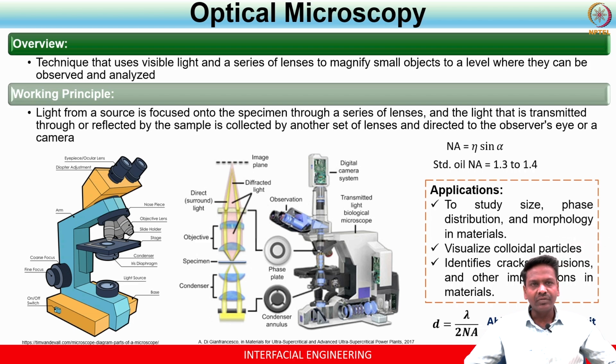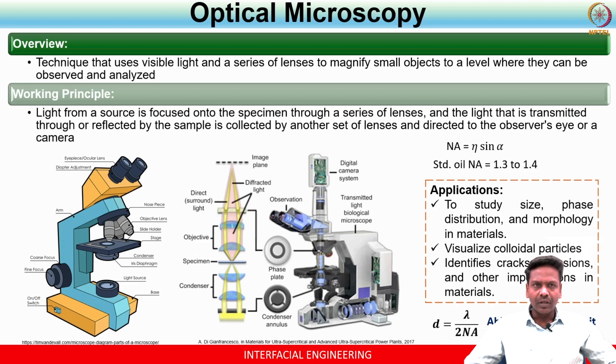Just like how we use a magnifying lens, you have an objective lens in the microscope that has the magnifying power. And whenever you shine a light on the object, whatever is transmitted from the object or specimen is collected by the objective lens, and that is what is seen in the viewing lens or eyepiece. Okay.